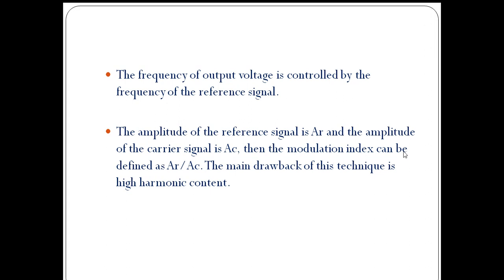Then the modulation index is AR by AC, which is nothing but the ratio of the amplitude of the reference signal to the amplitude of the carrier signal. And the main drawback of this technique is having higher harmonic components.